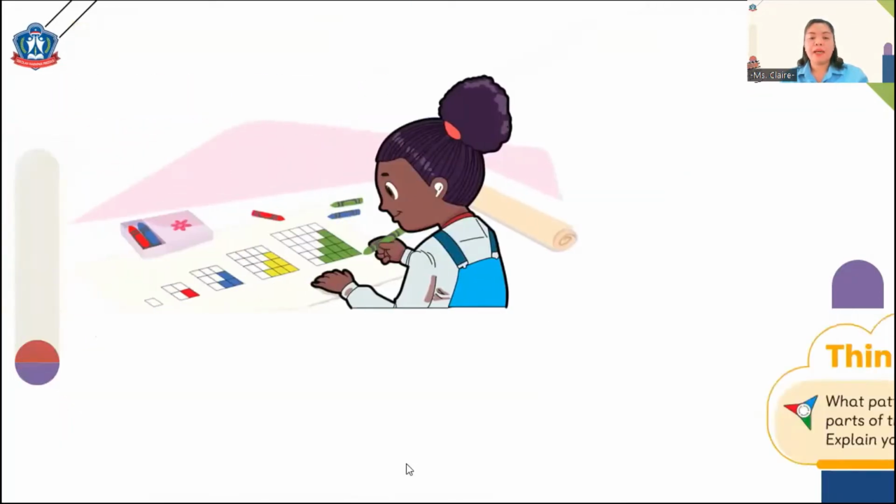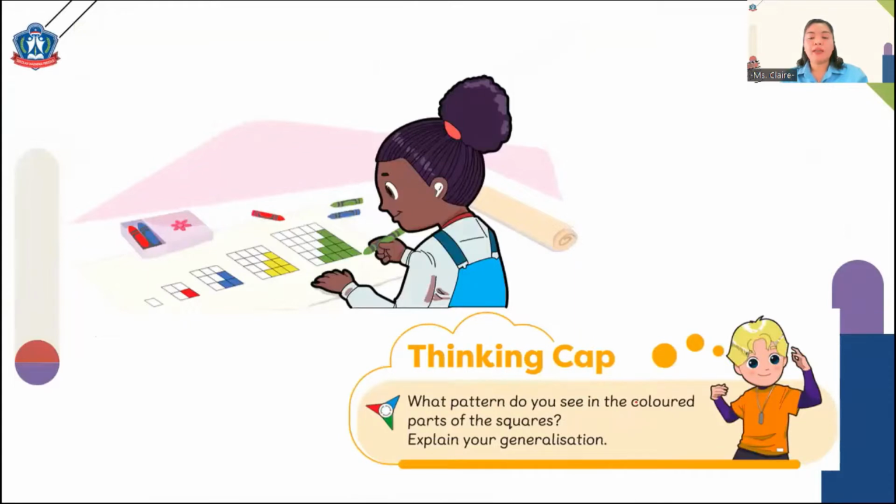Next, what pattern do you see in the colored parts of the squares? Let's check. On the first square, it's empty, right? On the second, 2 by 2, only one part is colored. 3 by 3, how many blue squares? 3.